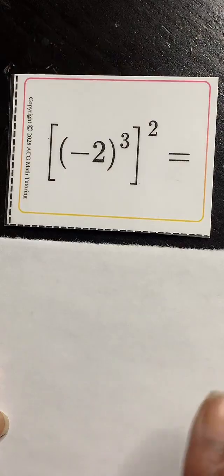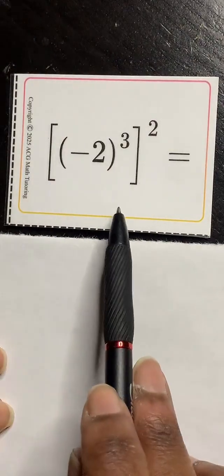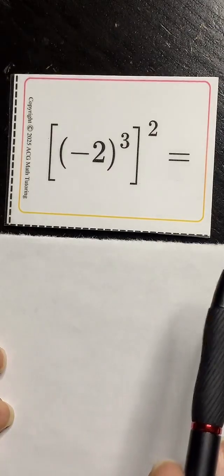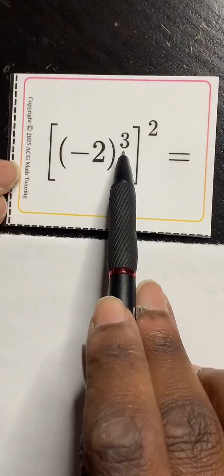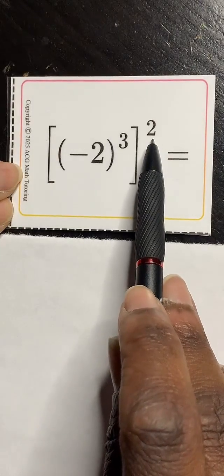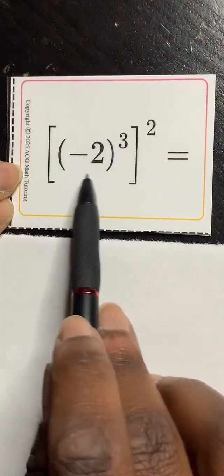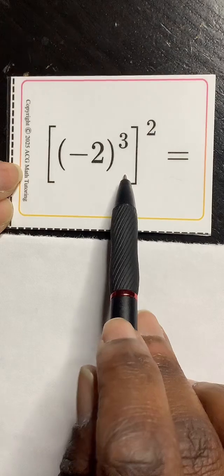So let's break it down. We are dealing with exponents. When you have an exponent being raised to an exponent, everything inside of the bracket is your base.